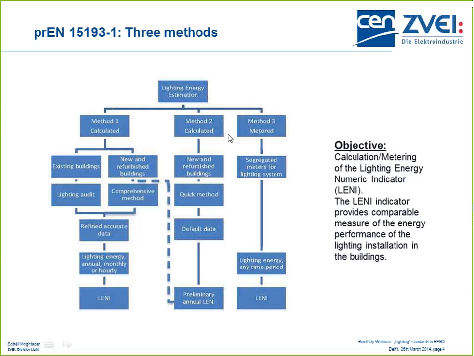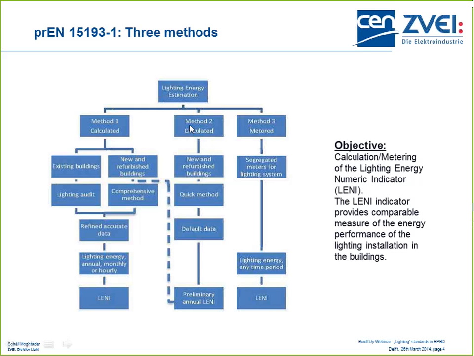One method, method 2, is what we call a quick method. It's a calculated method, and it is done at a stage where we do not know how the building is going to be. So let's say we have the situation that a building is in planning, and it is not yet known what type of work is done in this building.